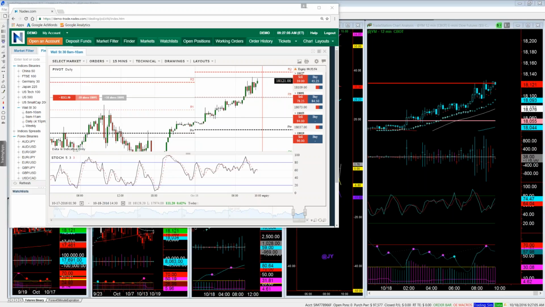It is struggling at the pivot line. That's about all I can say for it. And that's the R2 pivot line.